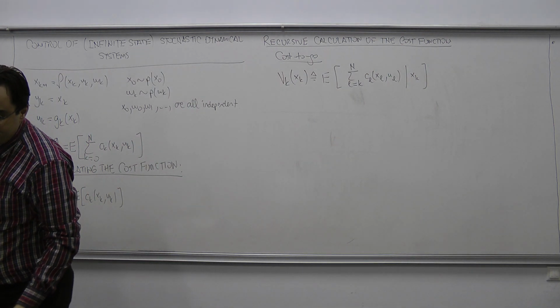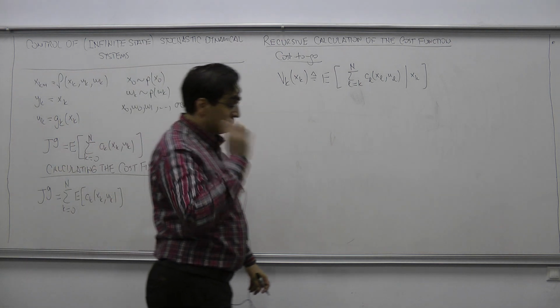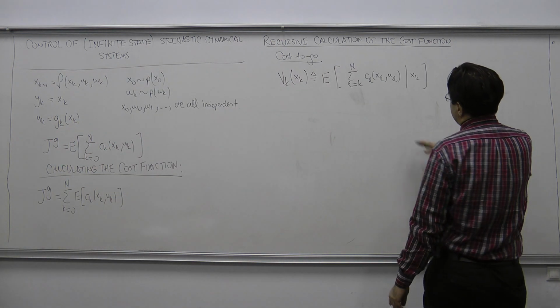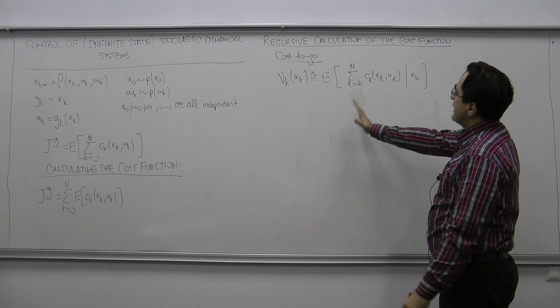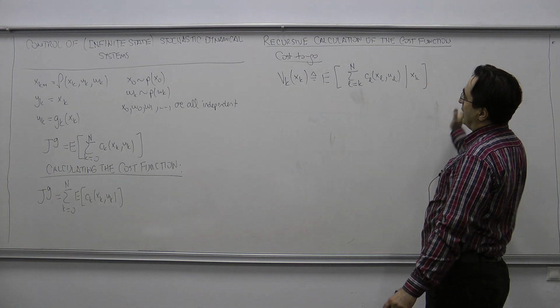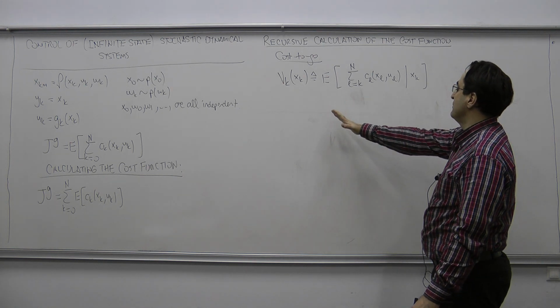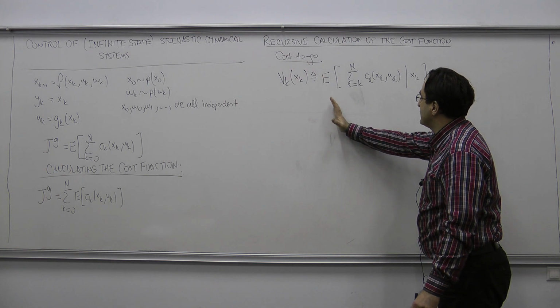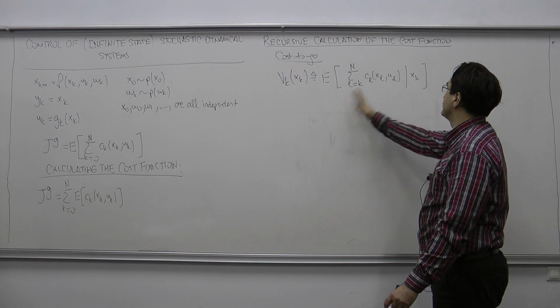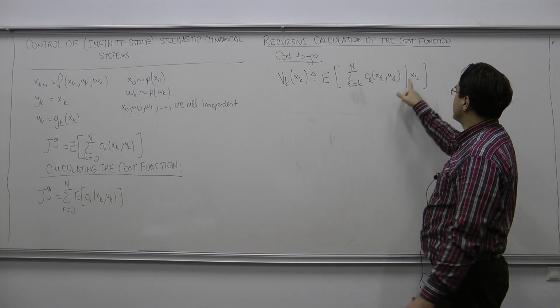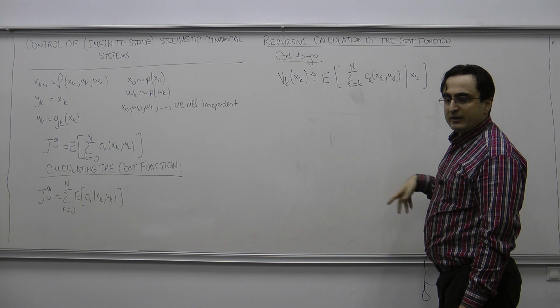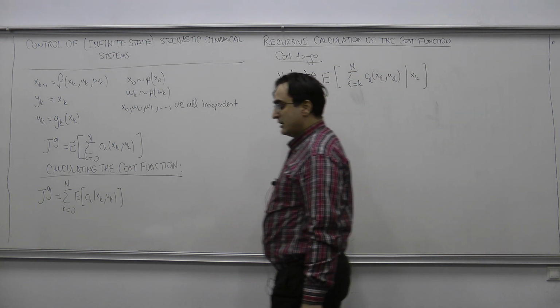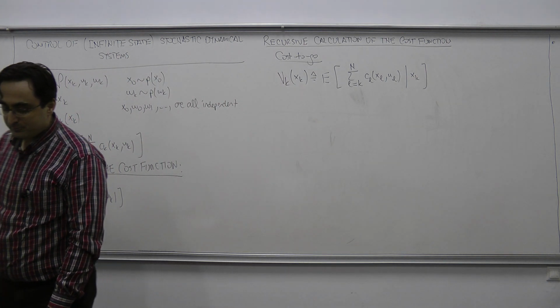Okay? This is our cost to go. So we are looking at time k and afterwards. We are summing the cost from time k to time n, and we are setting our state at the state xk at time k. Okay?